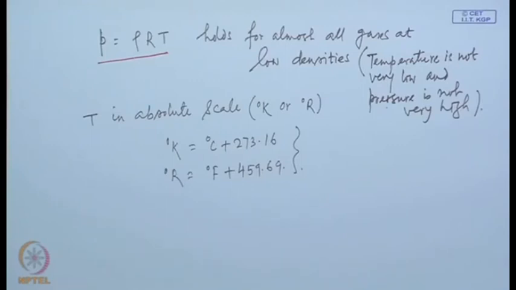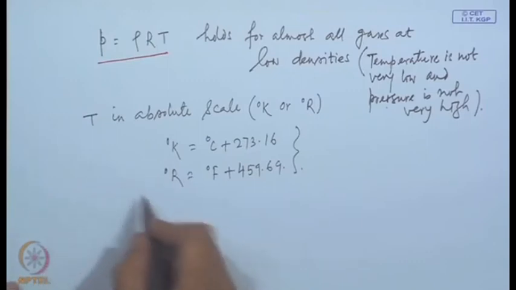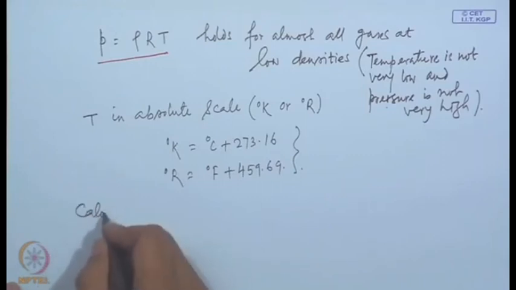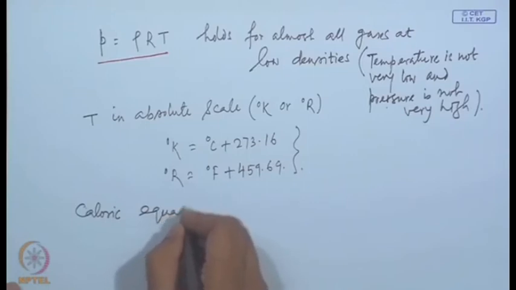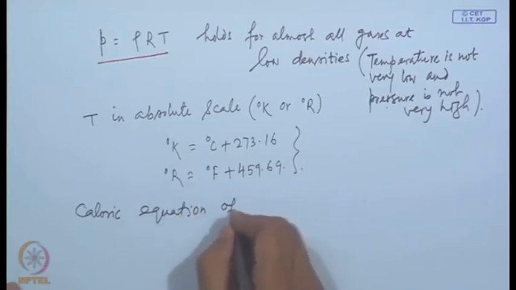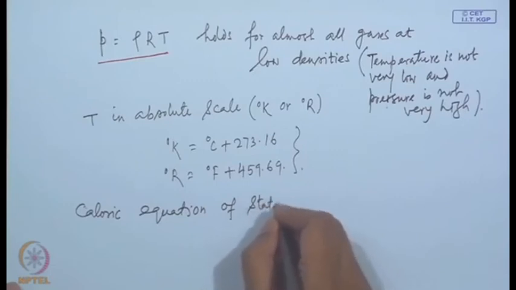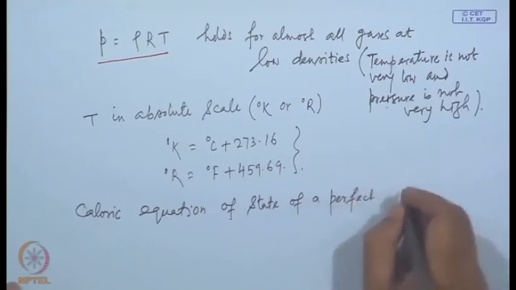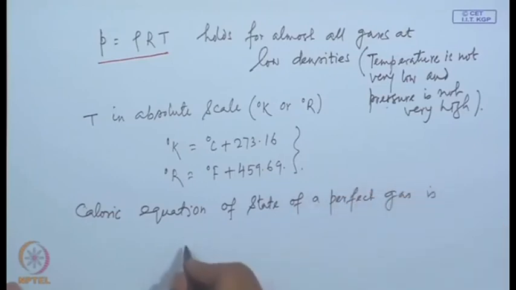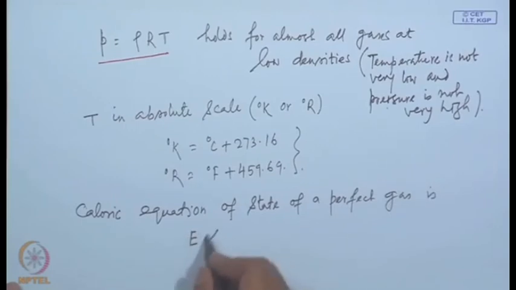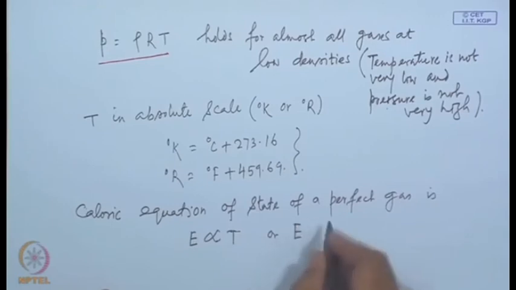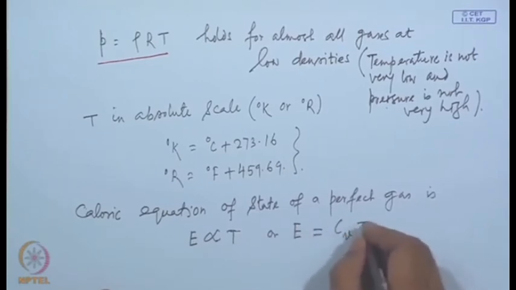Now, the caloric equation of state of a perfect gas is that E is simply a function of T, or we find that E equals C V T.